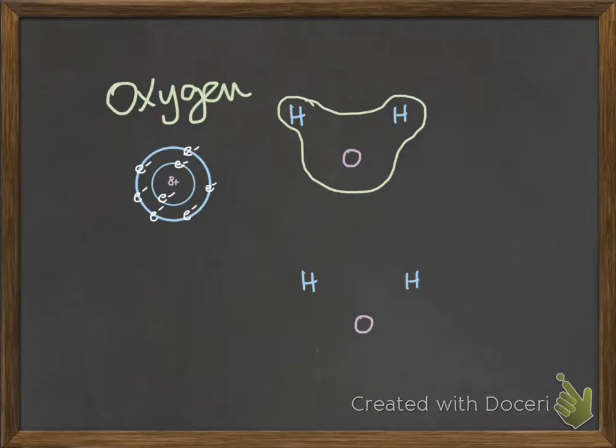What does this mean in terms of an actual compound? Well, what it means is that when we look at hydrogen as it's bonded to oxygen, because oxygen is so much more electronegative, the hydrogens kind of get a lot of that electron cloud pulled off them. And oxygen tends to kind of hog it.